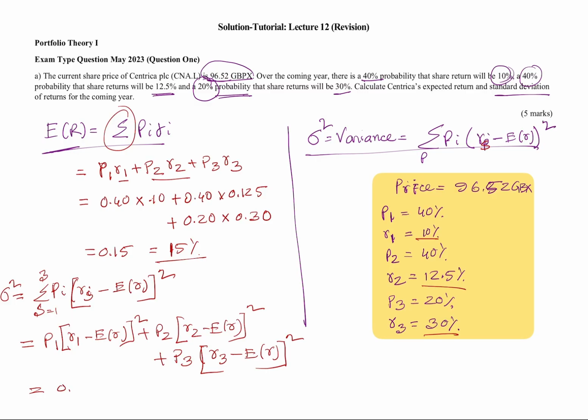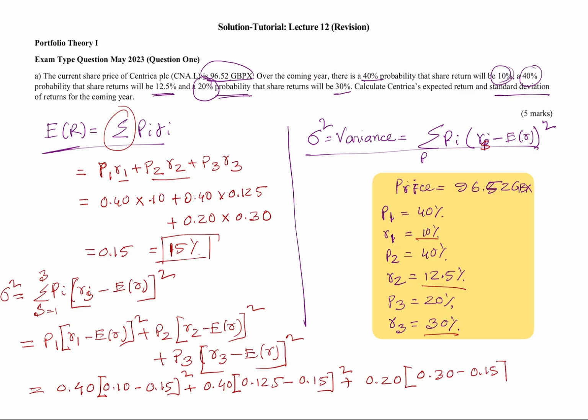So the P1, 0.40, R1, 0.10, and the expected return we calculated, 15%, so 0.15 squared. Then 0.125 minus 0.15, and then the rest 20%, 0.30 minus 0.15, whole square.